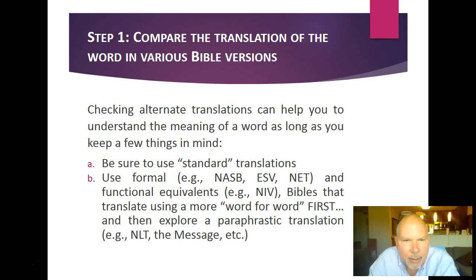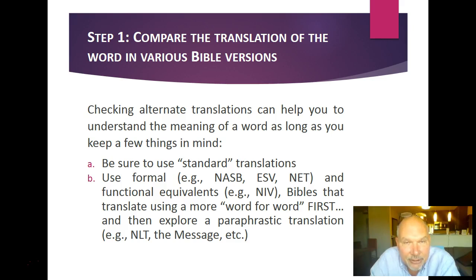And then finally, there are Bibles that translate using more of a general paraphrastic idea, in that they're not word for word, but they try to communicate the general idea of the Bible, and those would be the New Living Translation or the Message Bible. So first, we want to use a more standard translation that is formal. The New American Standard is a great example.